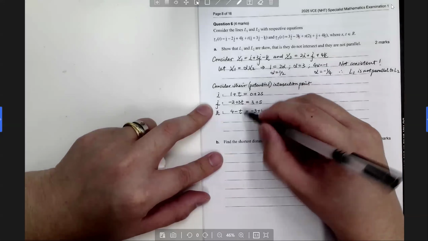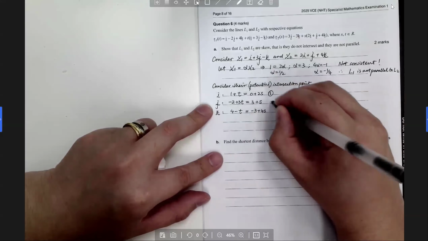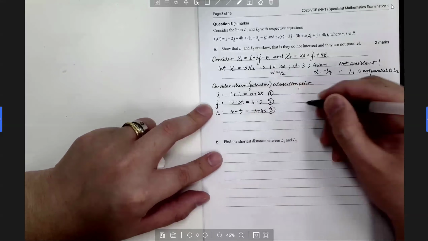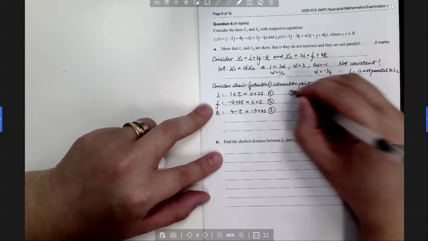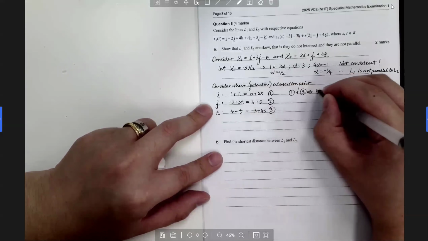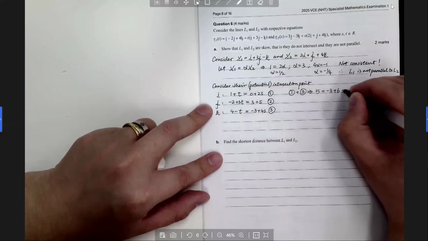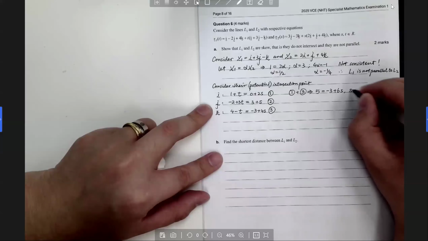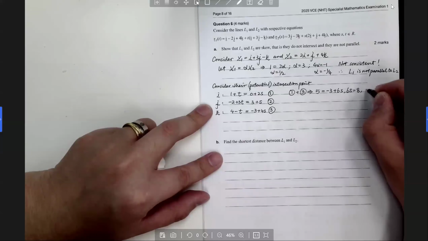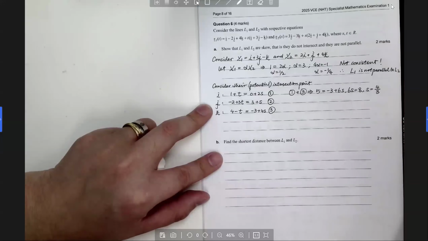And if you notice, there is a t and a minus t, so let's name them 1, 2, 3. Then you might want to say, for example, 1 plus 3 gives you 5 equals negative 3 plus 6s. So 6s equals 8, and s equals 4 over 3, if I'm not mistaken.